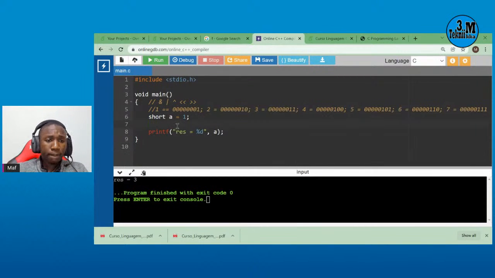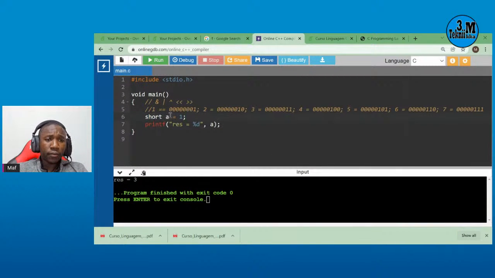In this case, if you have this short, this is 1. Okay. Normal 1. Let's put here. If you say something like negation of A, something like this, exclamation mark A. This is the negation of A. This is you negating A as Boolean.